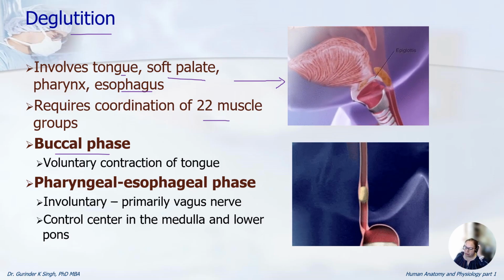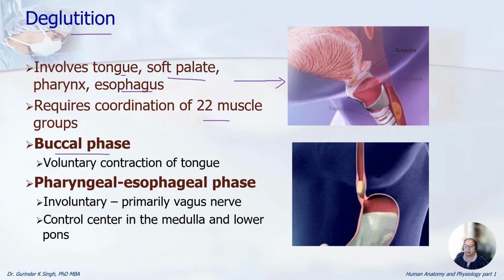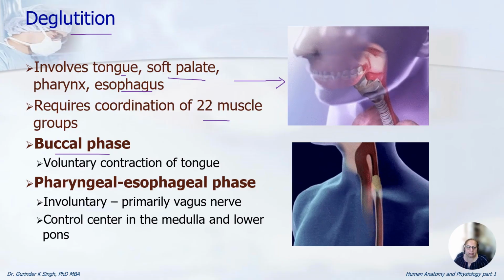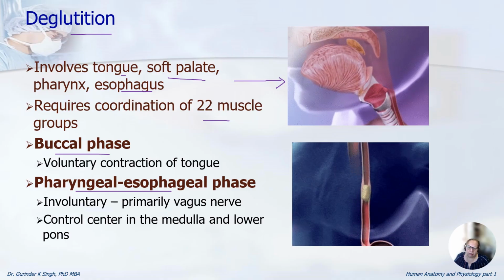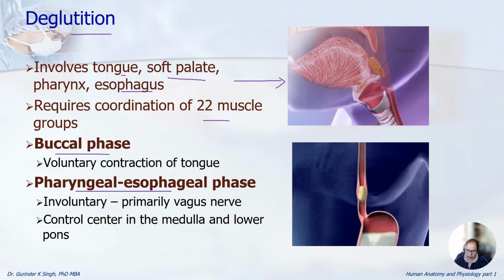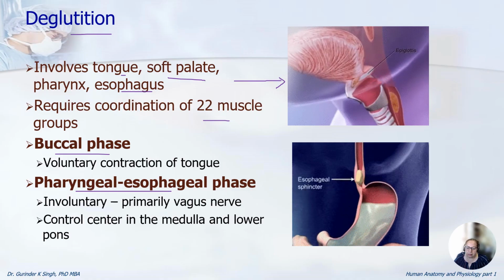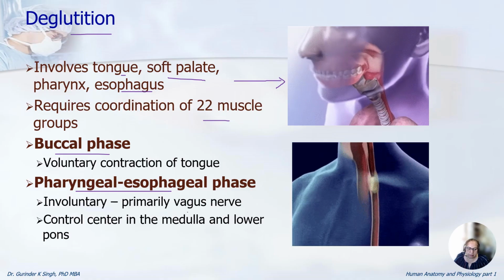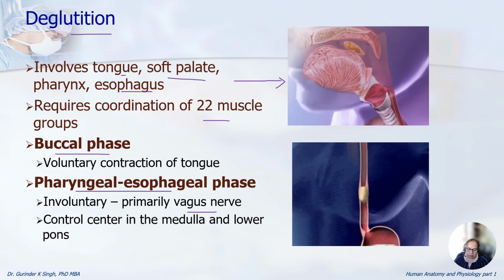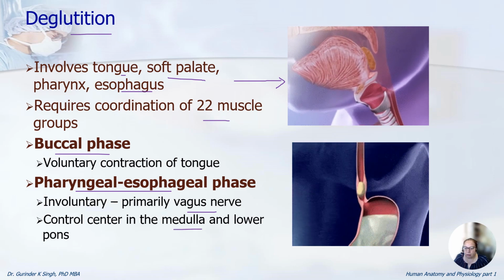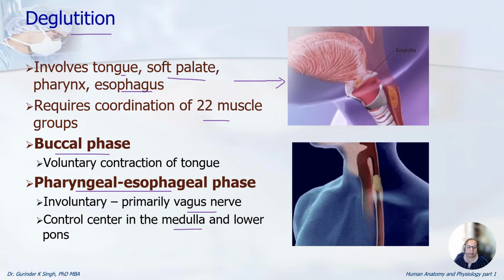The uvula has to close your nasal openings. So the second phase is the pharyngeal-esophageal phase. This is involuntary. Okay, so you do not control it. This is typically controlled by the vagus nerve, and the control center of the vagus nerve is in your medulla as well as in your lower pons.